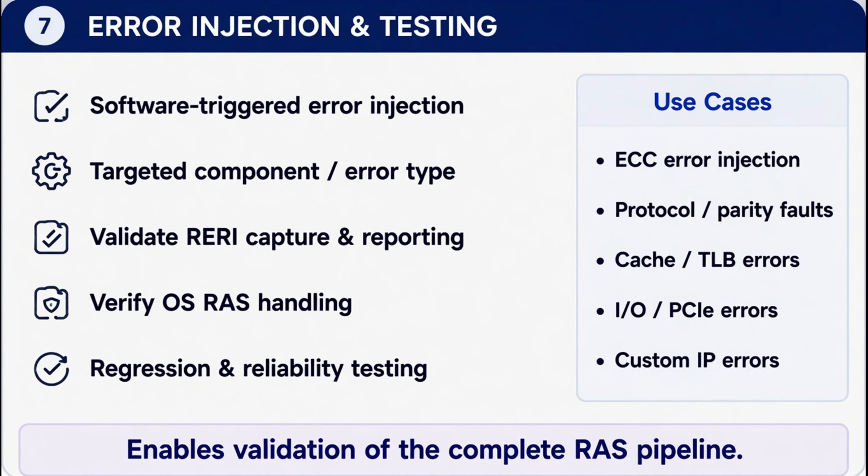This lets teams validate the entire RAS pipeline: hardware detection, firmware translation, OS handling, error recovery, without waiting for a cosmic ray. It's the difference between the RAS code that's been tested in a lab and the RAS code that only runs in production.